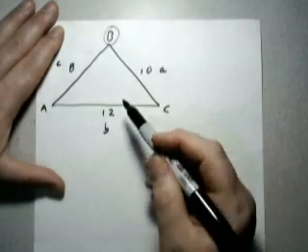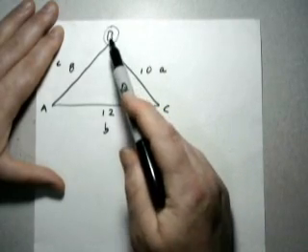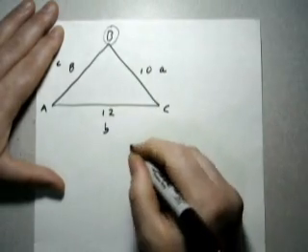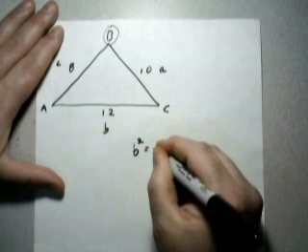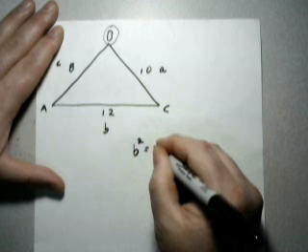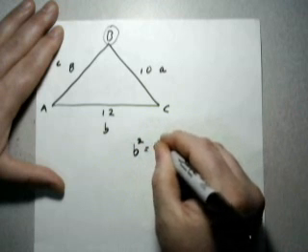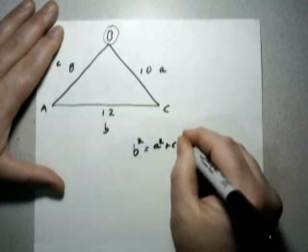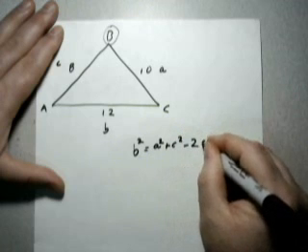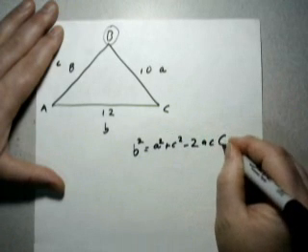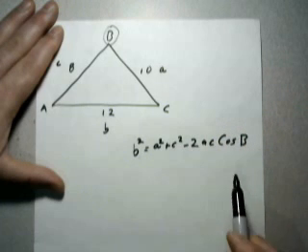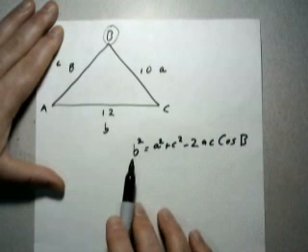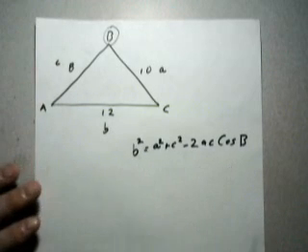And because this is the angle that I need, I might as well write down b squared is equal to a squared plus c squared minus 2ac times the cosine of B. Remember, the cosine and the side on the other side of the equal sign will match, be the same letter.